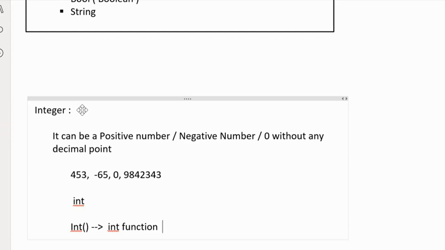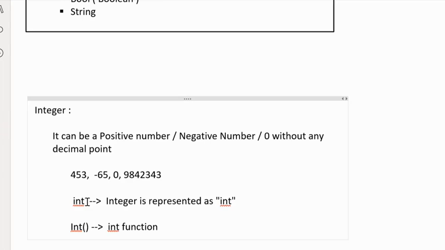Now, don't expect that each and every value will be converted. No, not each and every value. Some data types can be converted into integer, some cannot be converted into integer. That is what it is. So integer is represented as int.